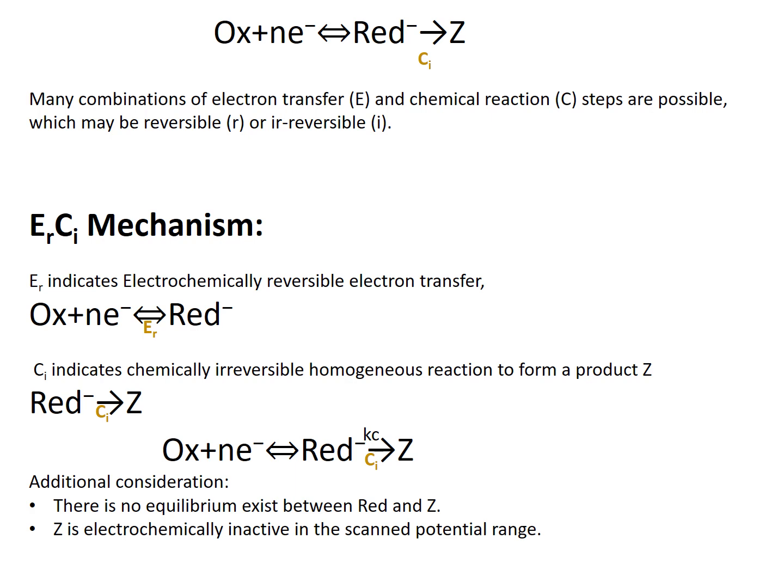So we will first see the ERCI mechanism. The ERCI mechanism follows an electrochemically reversible electron transfer followed by a chemically irreversible process. Now the product formed in the chemically irreversible reaction, that is Z, is electrochemically inactive in the scanned potential range.